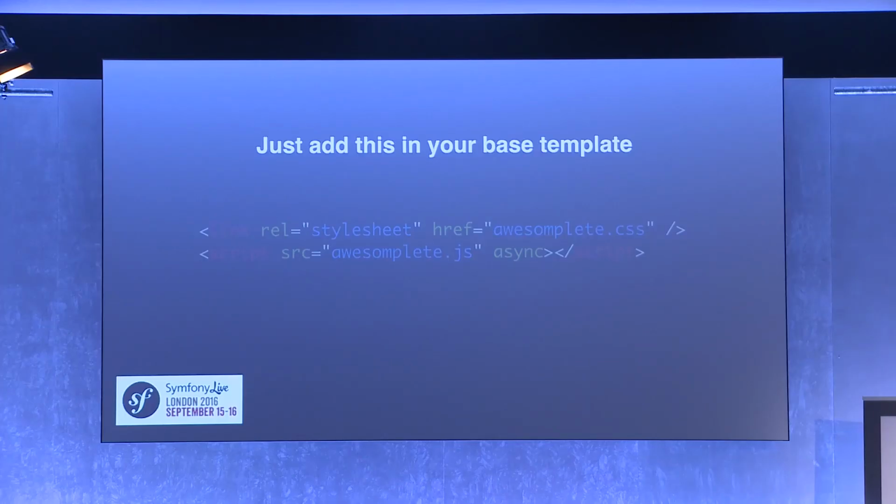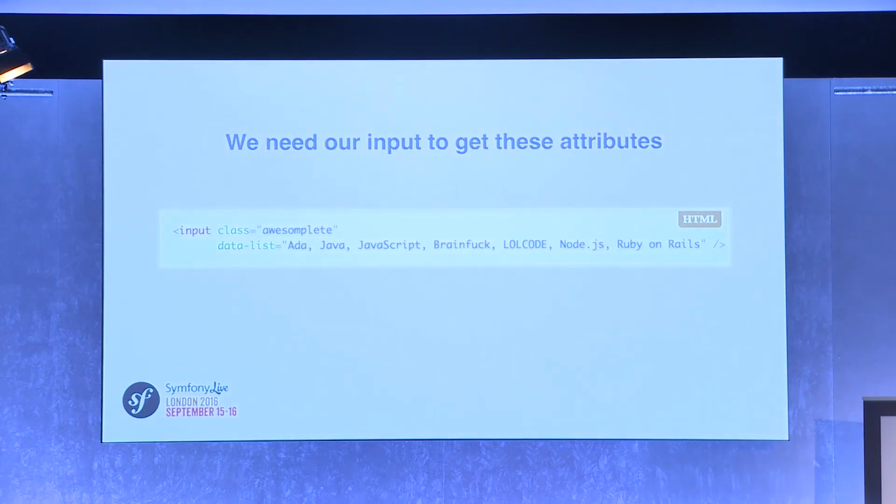So I propose this, but you can find any other libraries. You just need to set it in your header, somewhere in your template, and to put it in the input field. So in that case, we should have a form theme for the tags type. So it uses this model. But there is another way to do it, and I'll show you.